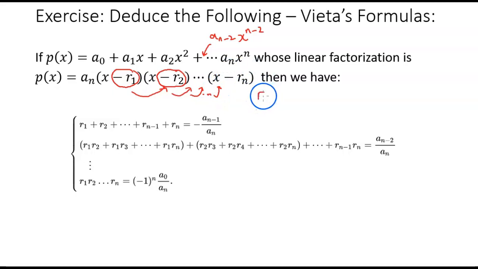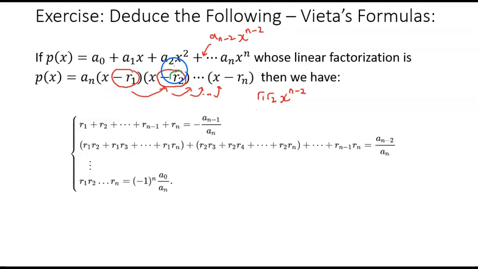So that would be r1 r2, and then all of the rest of them are x's, x times x times x times x, till we get to the end, so that would be x to the power of n minus 2.